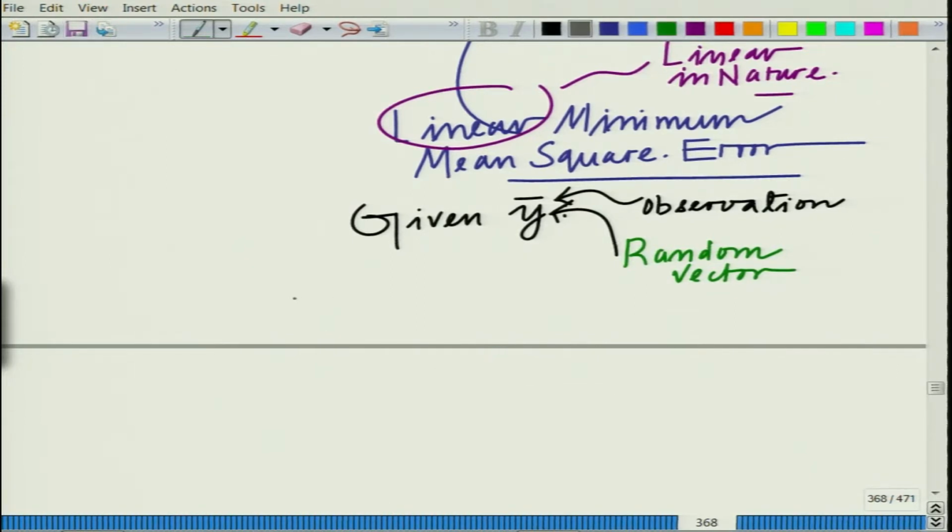The task is to estimate another vector x bar, which is also basically a random vector.